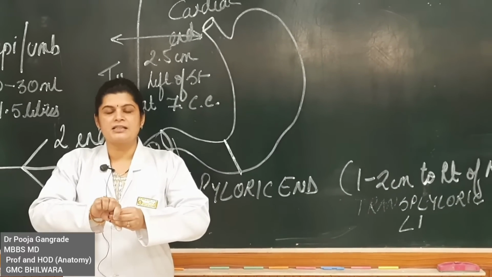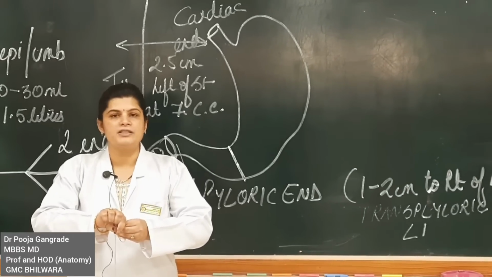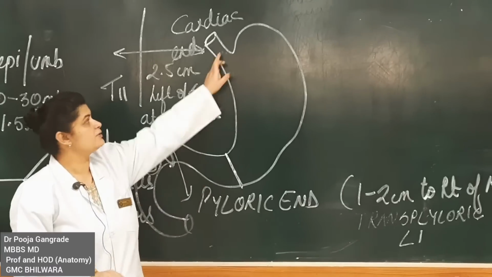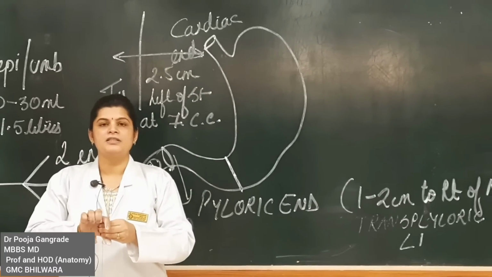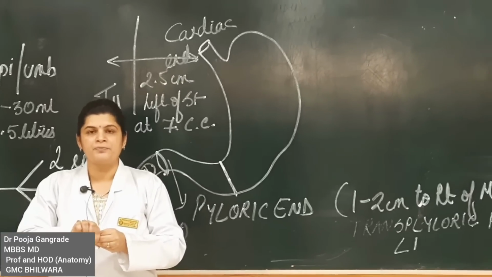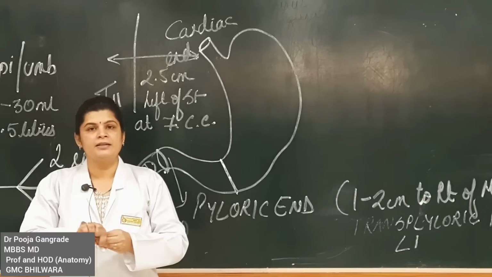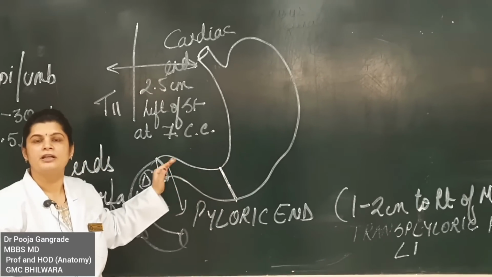So, this is a sphincteric action that is present at the pyloric end of the stomach. This is not present at the cardiac end. This helps in slowly passing the food material to the duodenum.